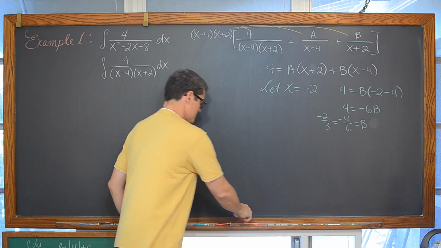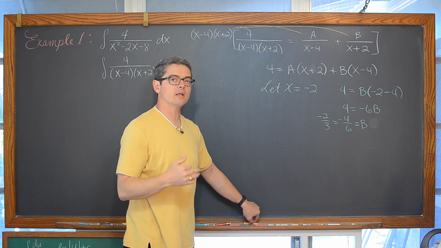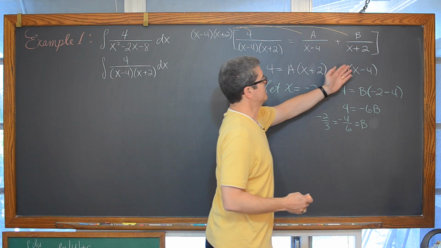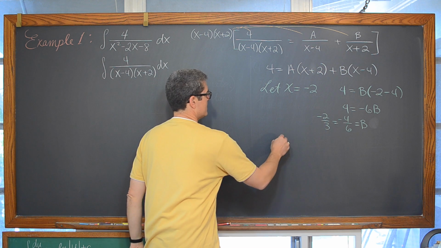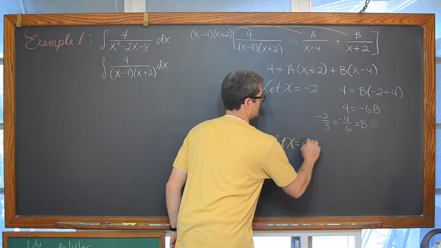Great. Let's try and find out what a is by picking a value of x that's going to let this term become a value of 0 and allow the b to cancel out. And let's let x equal 4.